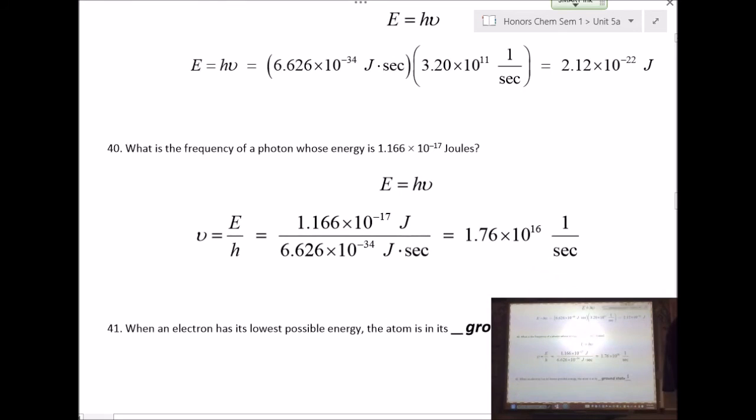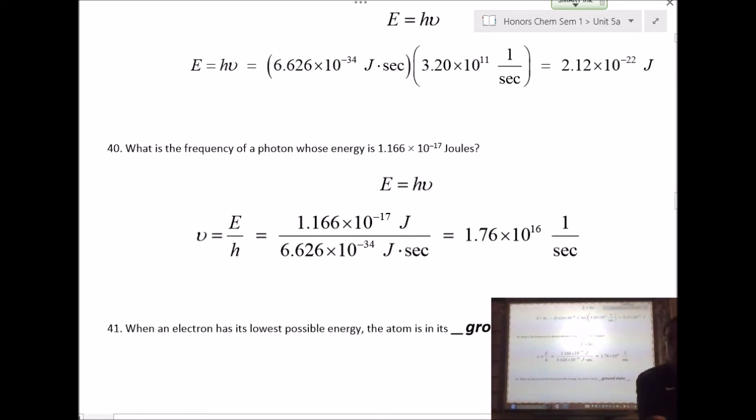And then, sadly, the last question. When an electron has its lowest possible energy level, the atom is in its ground state. Didn't I ask that earlier? Also, there's a lot of redundancy in this. But that's how we learn.